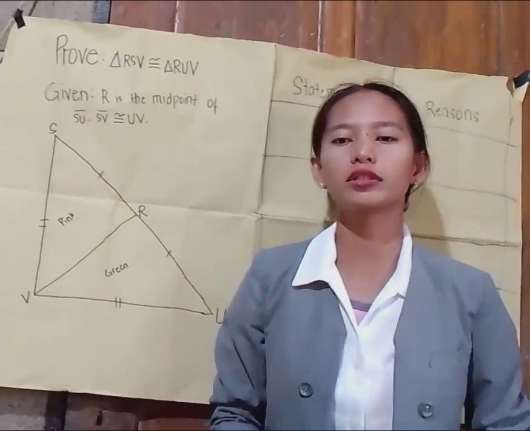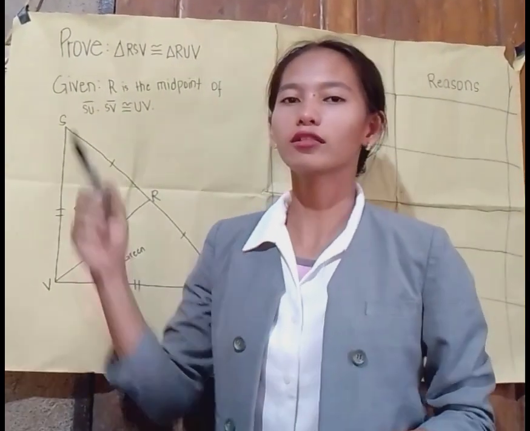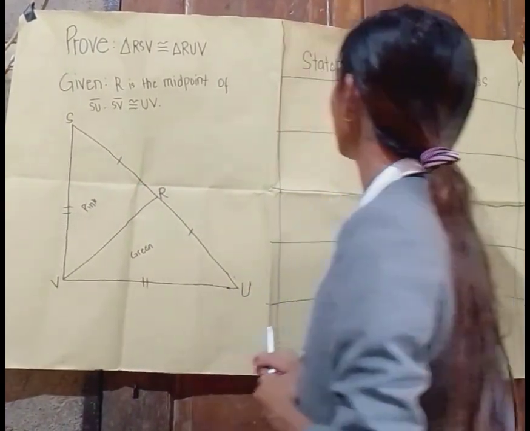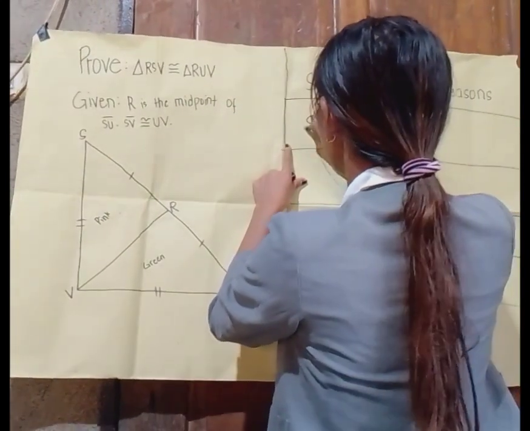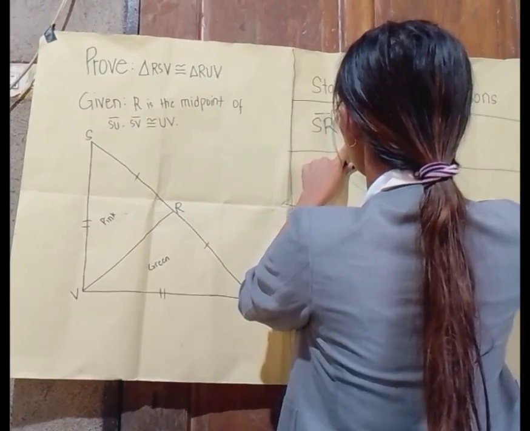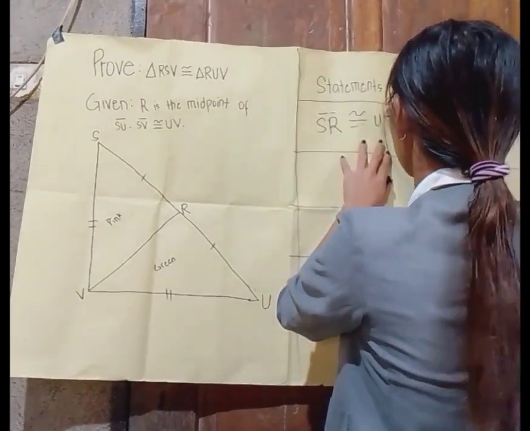So we can conclude that SR and UR are congruent to each other, and we will put this down: segment SR is congruent to segment UR.